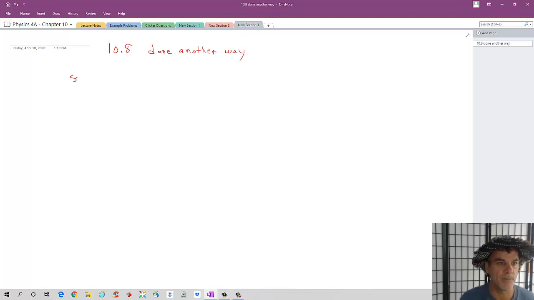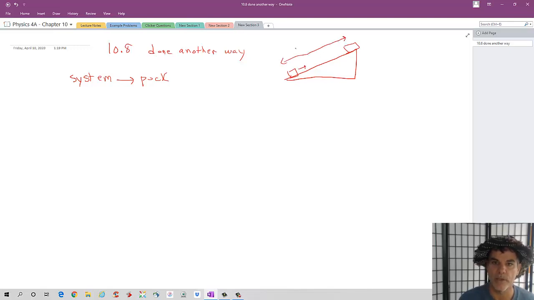And this time, I'm going to define my system as just the puck. So remember, I've got this puck, which is moving up a ramp that's at 20 degrees. We want to know how fast it must be going so that after traveling 3 meters along this ramp, it ends up at rest.